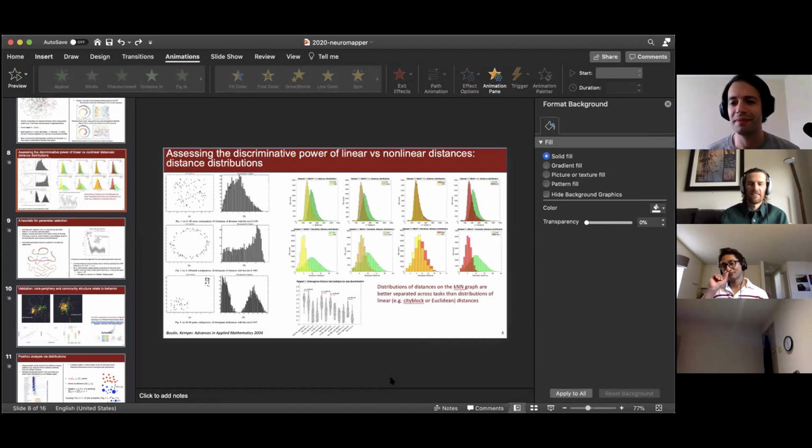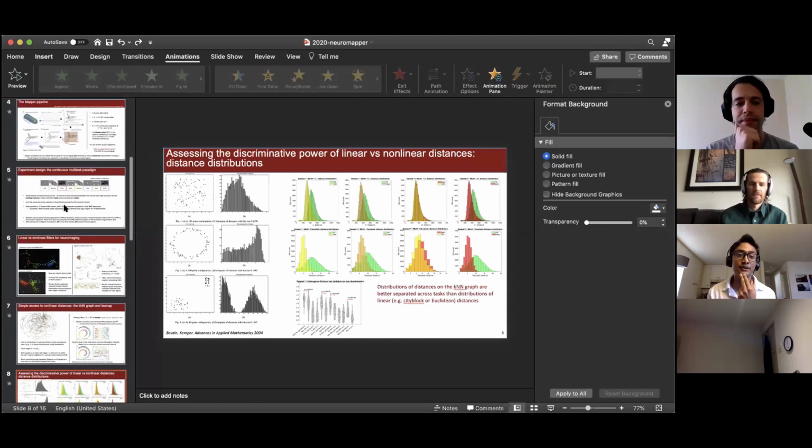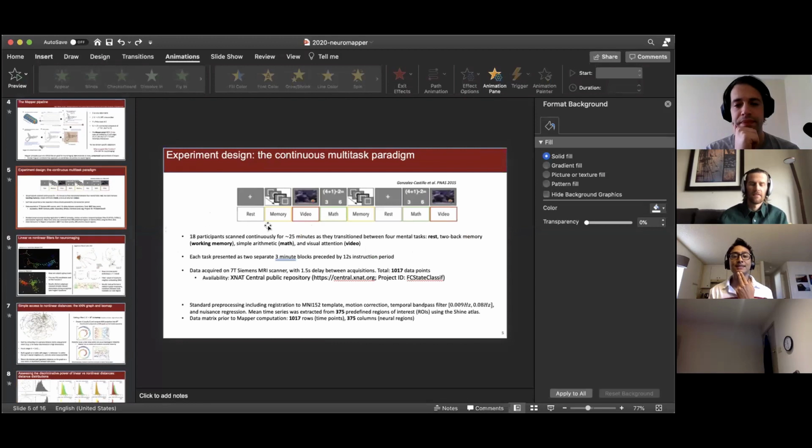Here's a problem, and this relates a little bit to what Henry asked. The problem is periodicity, because usually finding periodic data is fantastic, but in fMRI you have to be careful with the experiment design. In this particular case, the experiment design was set up so that it was randomized. So it's not like you have rest, memory, video, math, rest, memory, video, math.